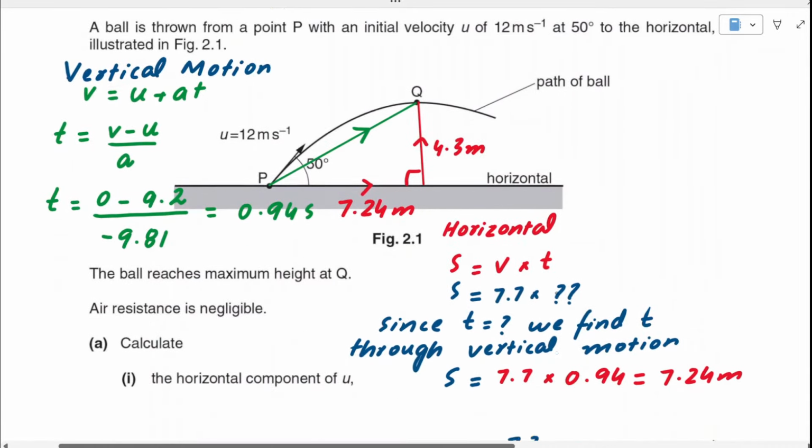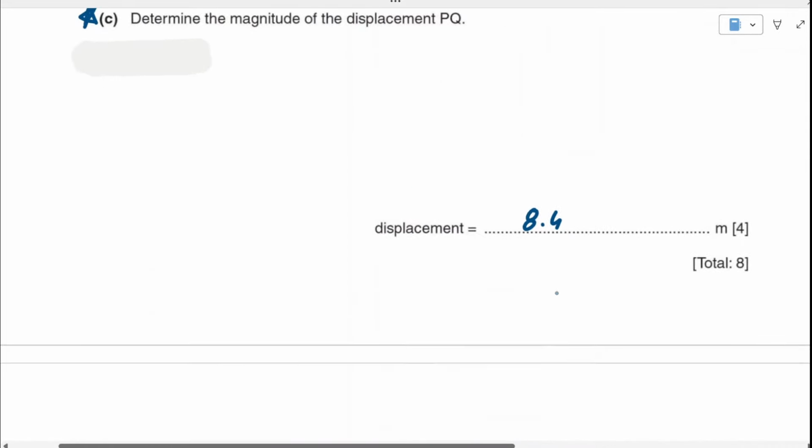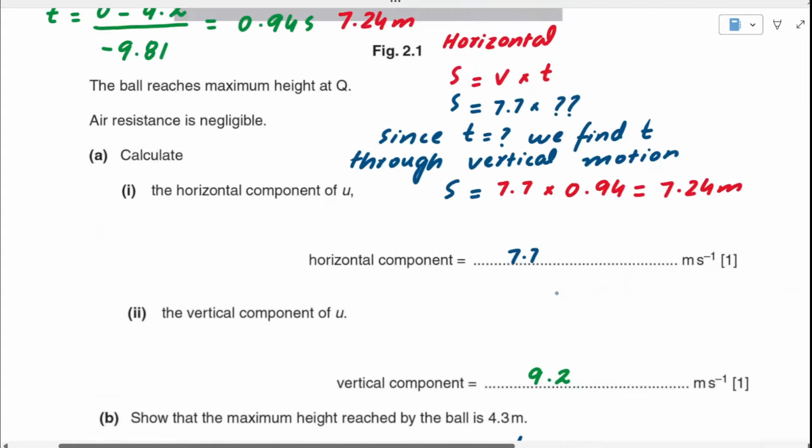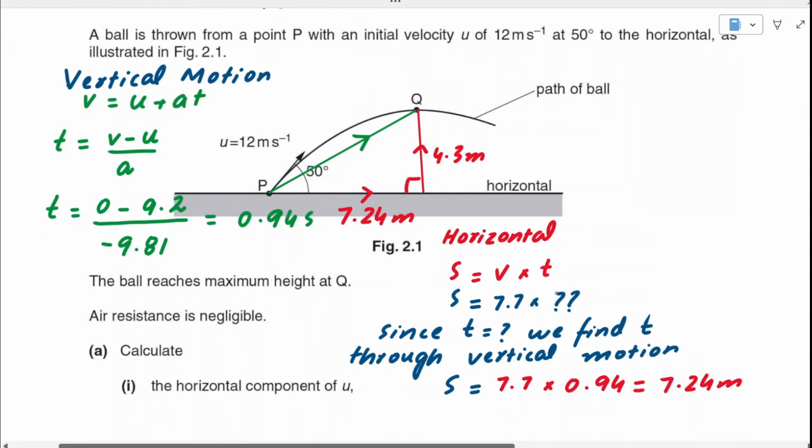So once again you can see clearly the question is for 4 marks and that's why you had to do a lot of steps and you need to consider both the motions, the vertical motion and horizontal motion. And matter of fact, time is a quantity which is same for both of them.